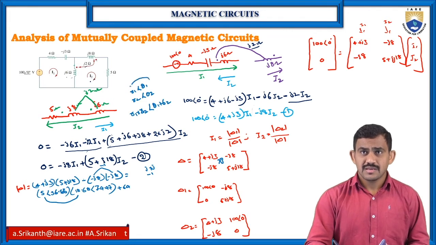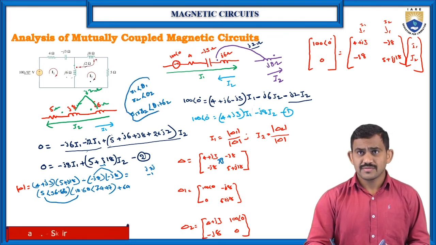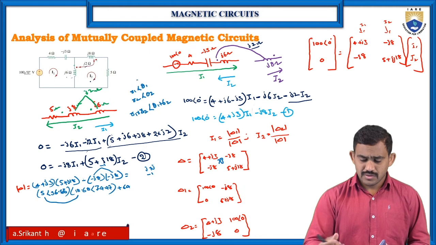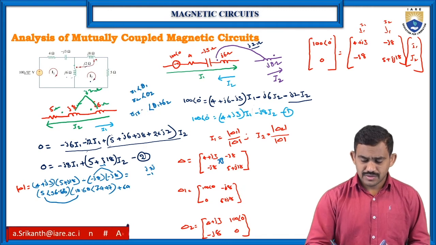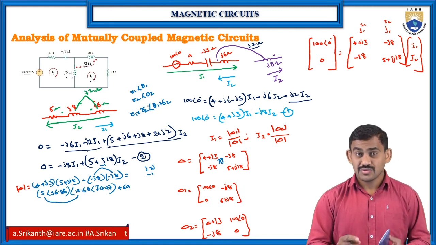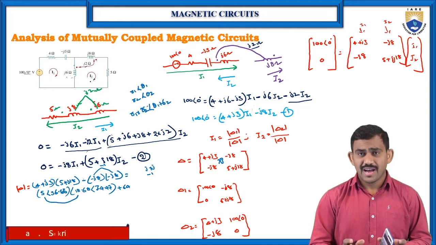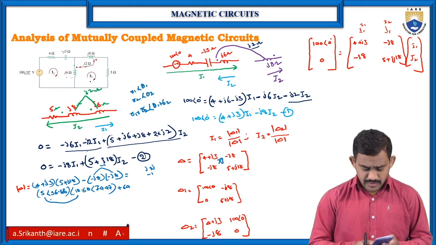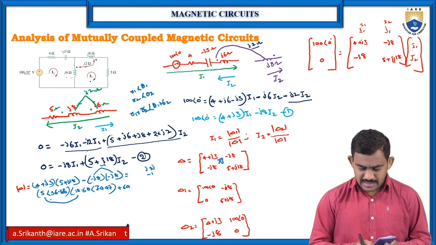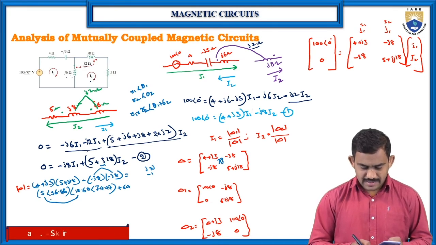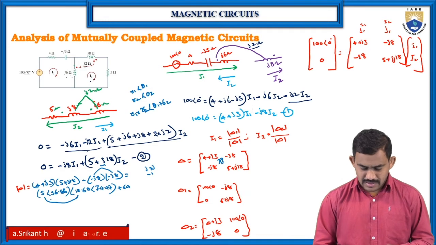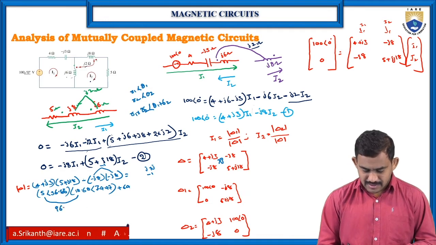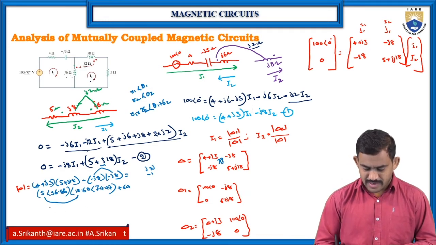This is the general rule. Now here 5 into 18.68 is 93.4.